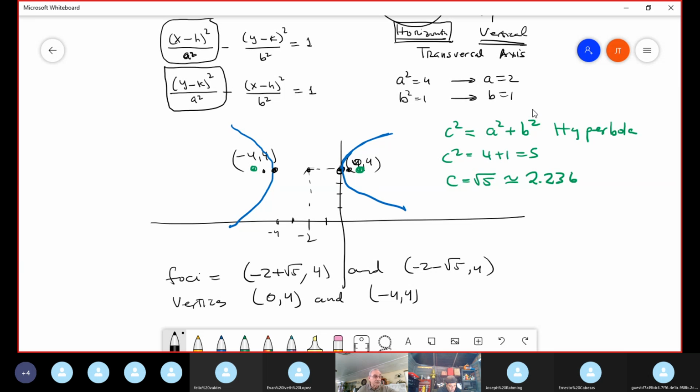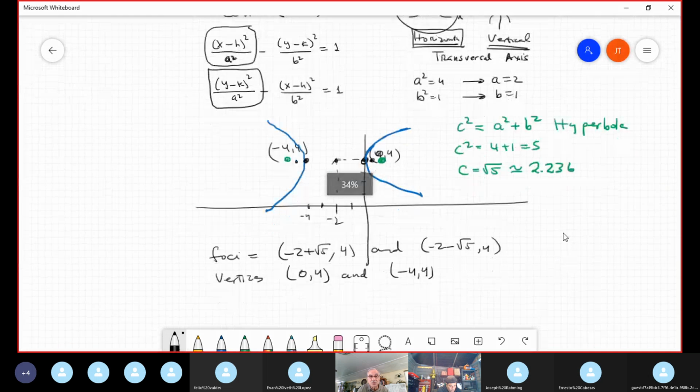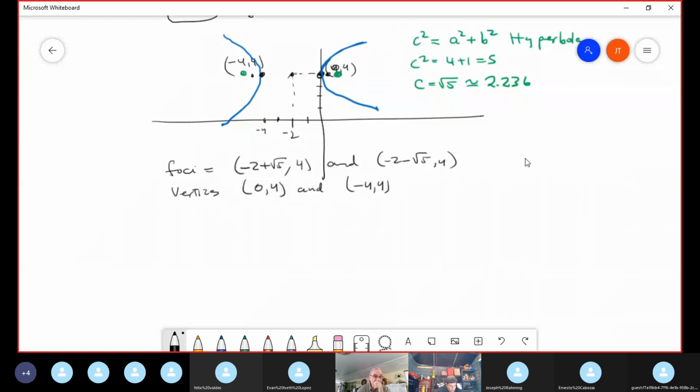Important, the asymptotes. Guys, I finish now. The asymptote formula is y minus k equals plus or minus b over a, times (x minus h). In our case, b is 1, a is 2, and h is -2, so x minus h becomes x plus 2.